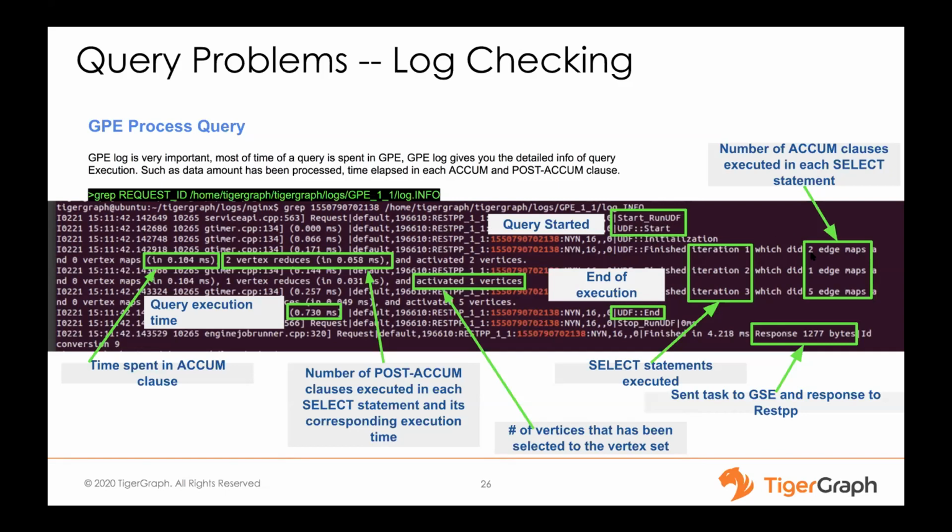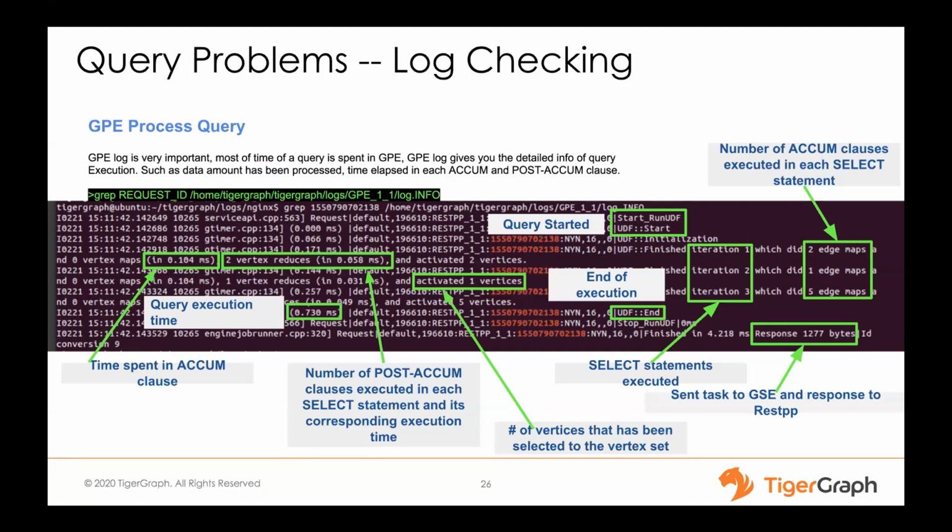Here, edge maps means the ACCUM clause, because the ACCUM clause executes on the edges, right? So if it says 2 edge maps, that means 2 edges executed the logic defined in the ACCUM clause. And here it shows how long it took to run the logic from those two, to traverse those 2 edges. And here it says 2 vertex reduces. I think it's easy to guess, this is for your POST-ACCUM, right?